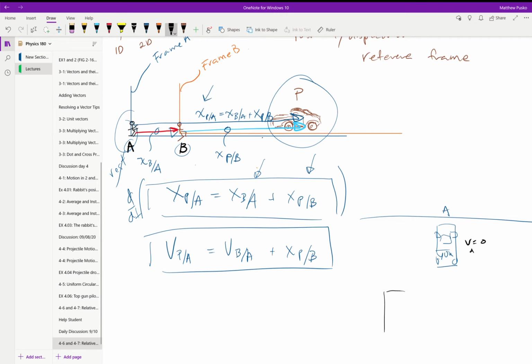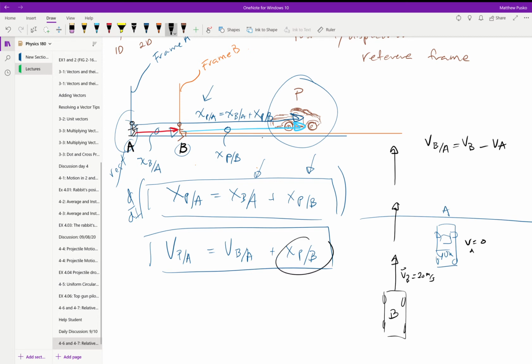If someone comes along in another car, with some velocity vector, we'll call it B, as it trucks along at, let's say, 20 meters per second, we can say the velocity of B with respect to A is equal to the velocity of B minus the velocity of A.